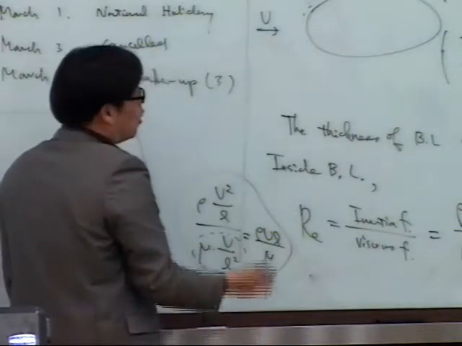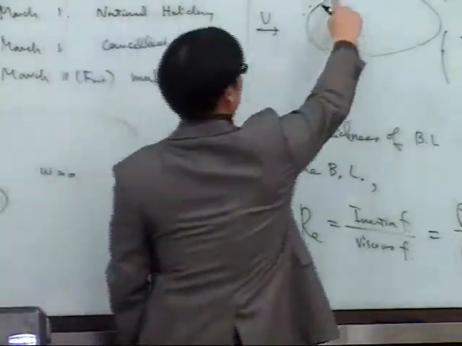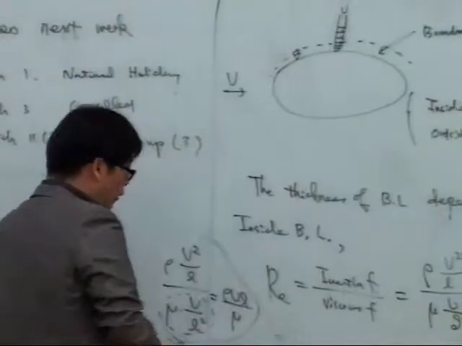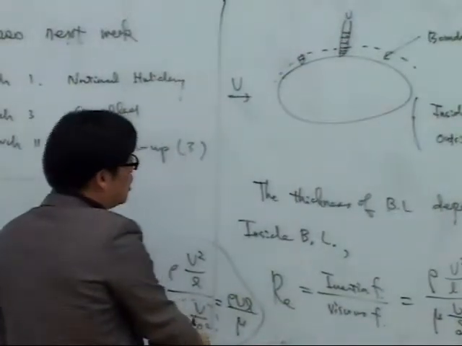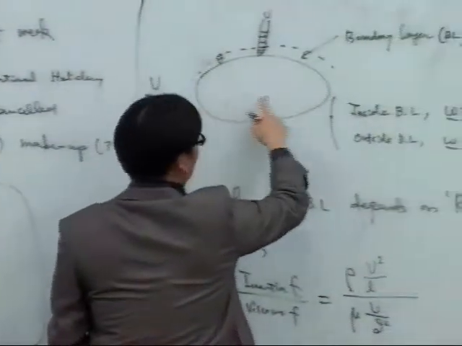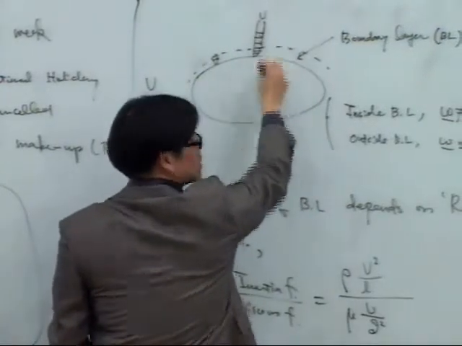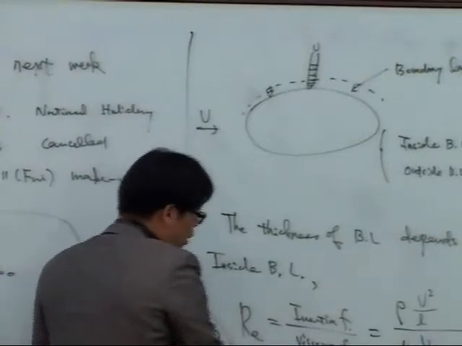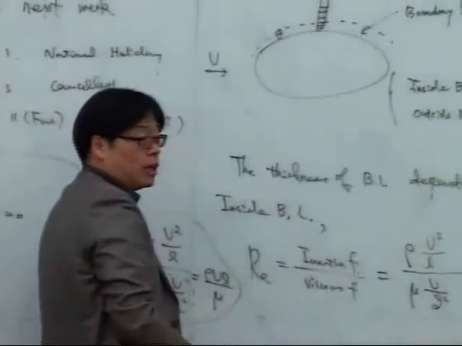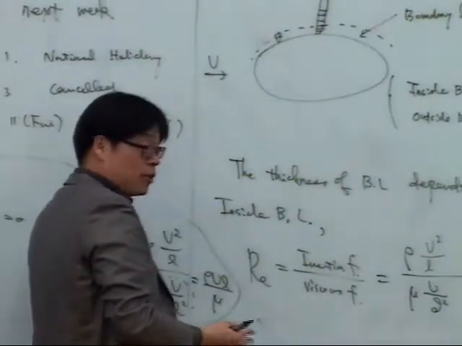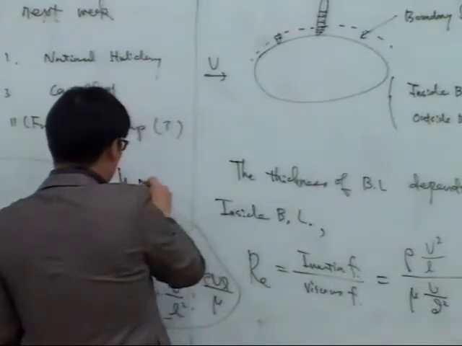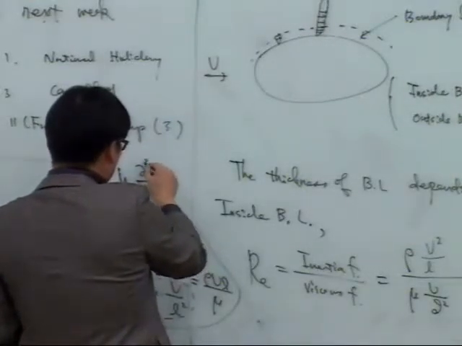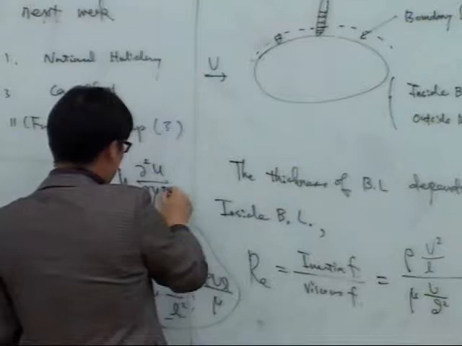But this time, we are only interested in inside of boundary layer. Therefore, instead of L, the length of this body, we are interested in this length scale. Instead of dividing by L squared, we divide by delta squared to measure viscous force, because we have a mu d squared U dy squared kind of term.